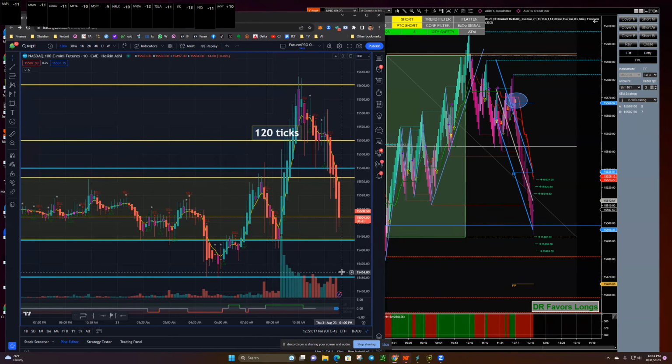Yeah, all the indices have turned negative. NASDAQ is flat. NASDAQ composite is flat.